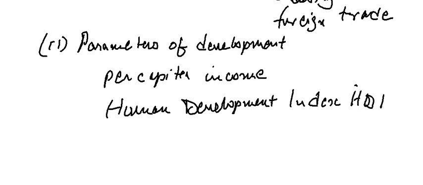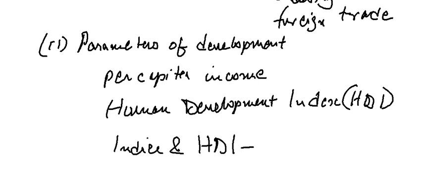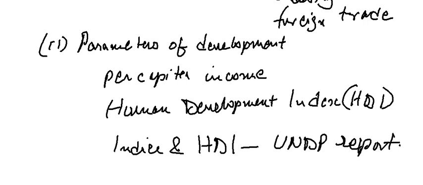And you have to see India and HDI, how we stand in this measure, India and HDI as per the UNDP report. This is the second point we are going to study here.